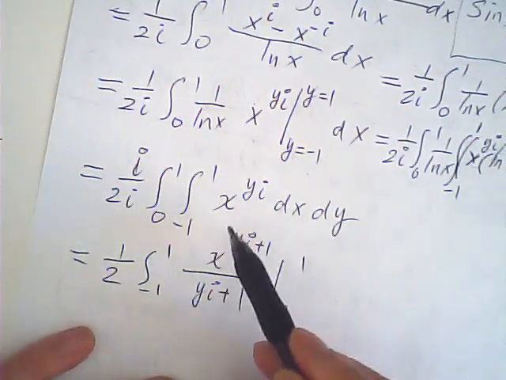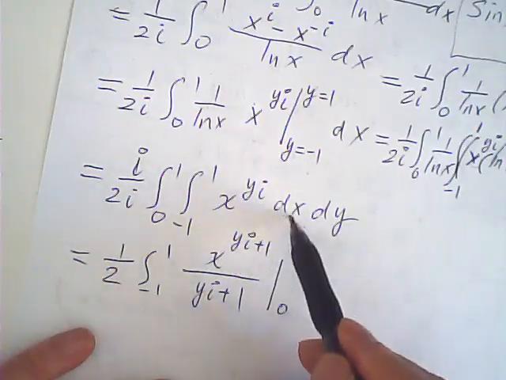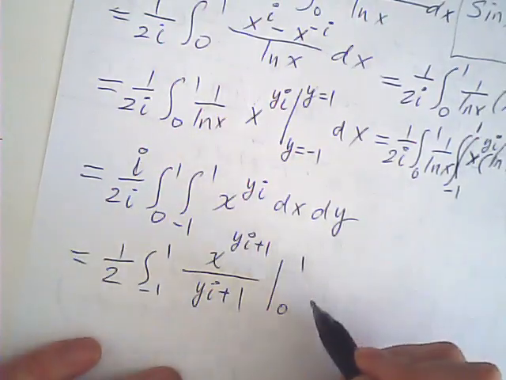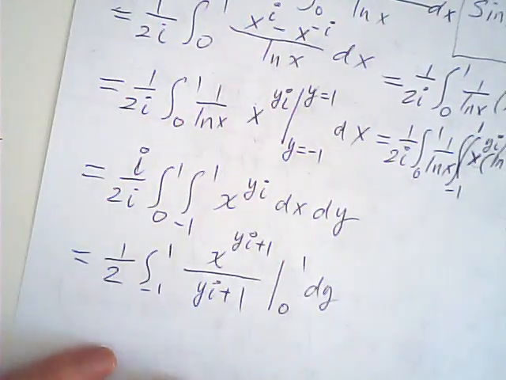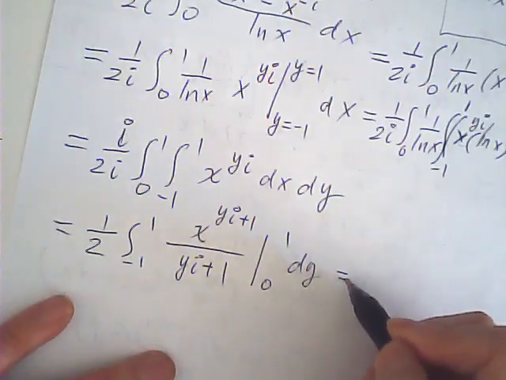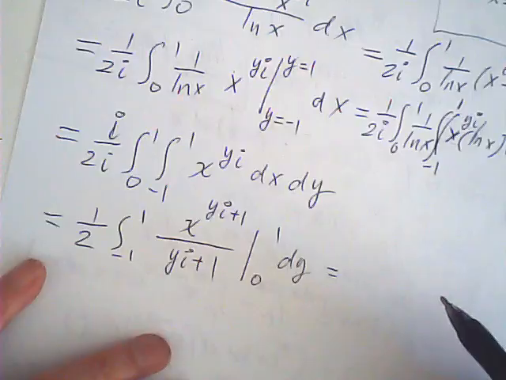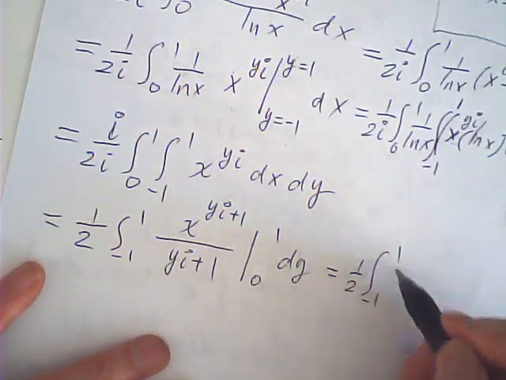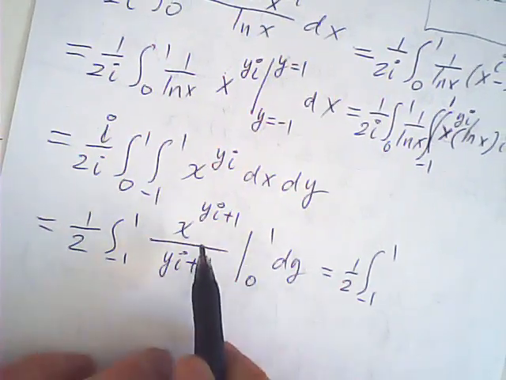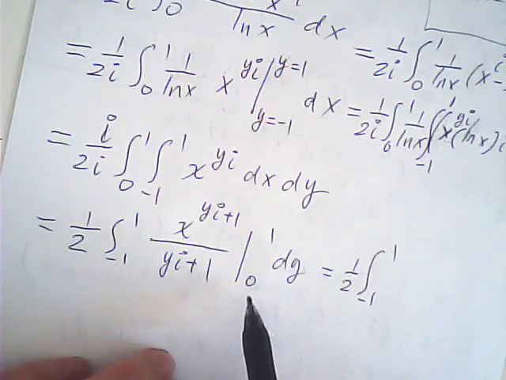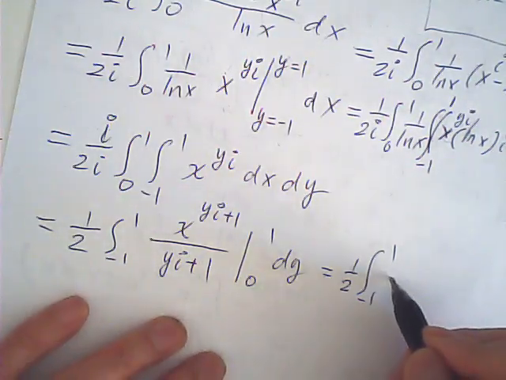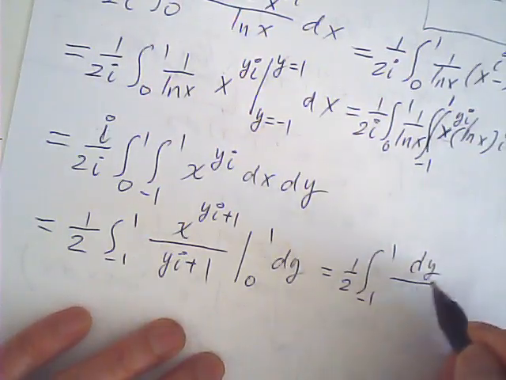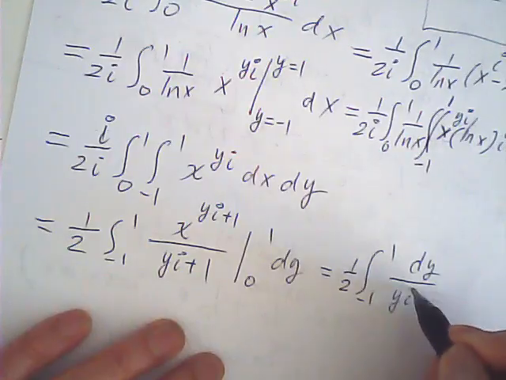Then I do y later. When x equals 1, it's 1. When x equals 0, it's 0. So it's left as dy over y plus 1.